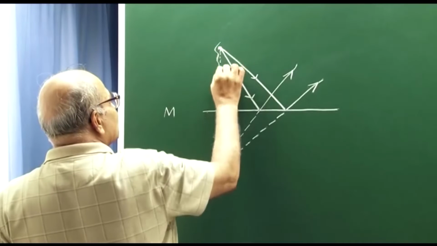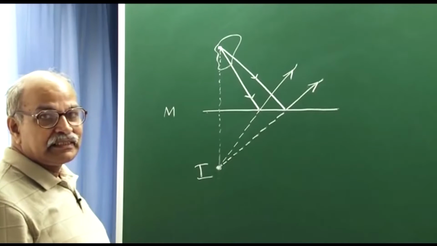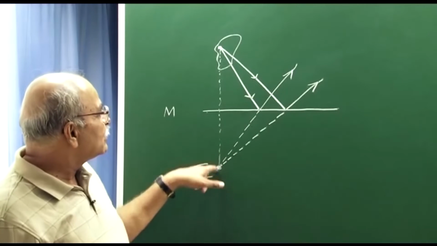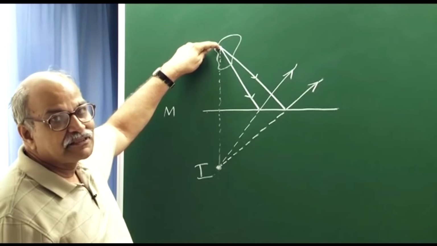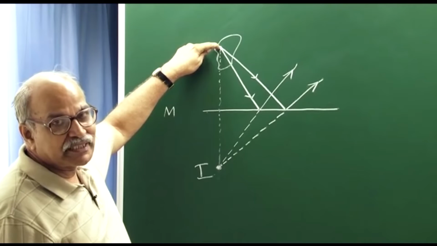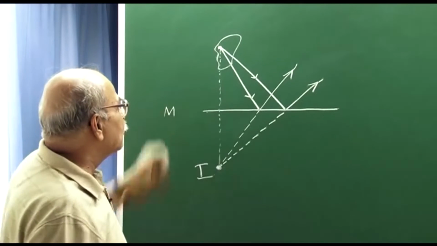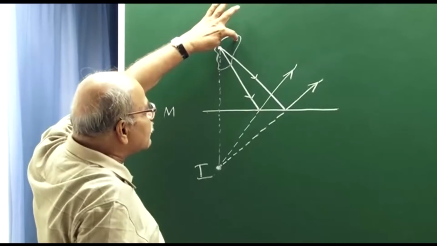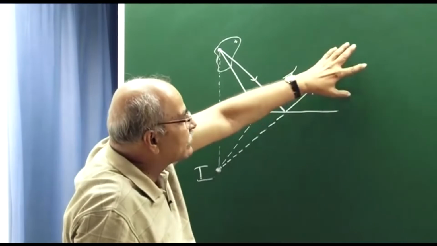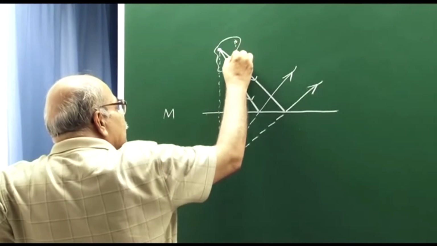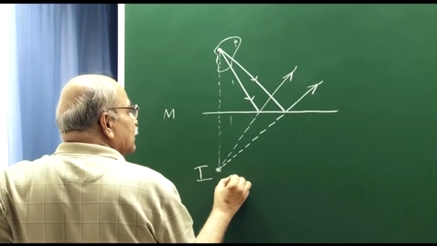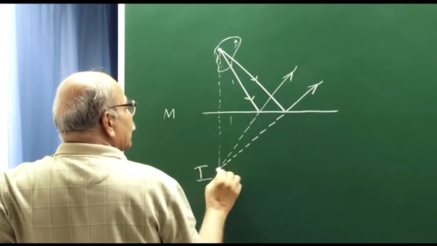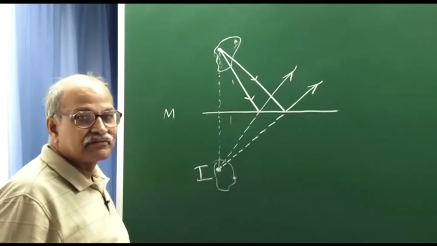And if you have an extended object, then at this point only those reflected rays will intersect which started from this point of the extended object. If you think of some other point of the object, then all the rays starting from there, after reflection, will intersect at some other point, not at this point, and therefore you get an image of this quantity somewhere here.